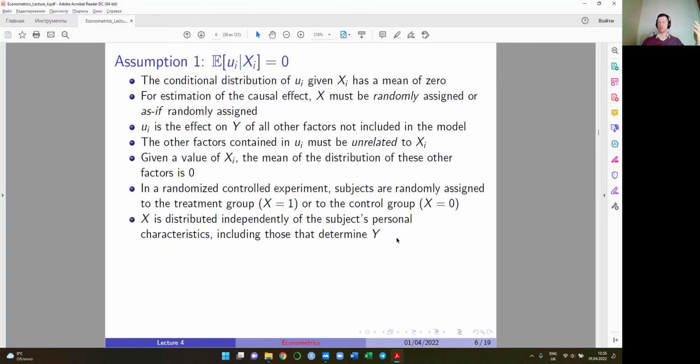So for example, when we are trying to test some drug, some vaccine, and we ask a person, would you like to get a placebo or would you like to get a real drug? Probably the personal characteristics of the participant will somehow deviate the decision, right?